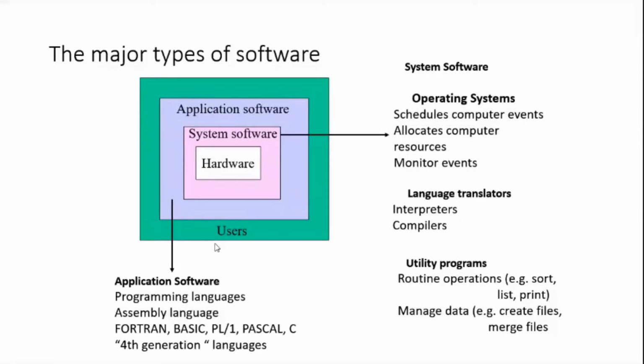Now, this figure gives a basic idea about what software is, what the user is, and how a computer works along with the user as well as the hardware. See, the outermost layer is the user, that is the person who is working on a computer. The user interacts with the application software only.